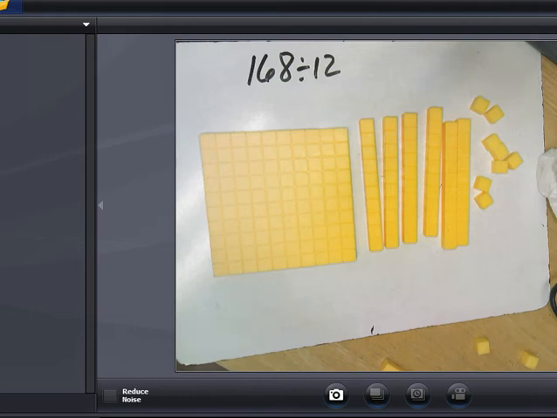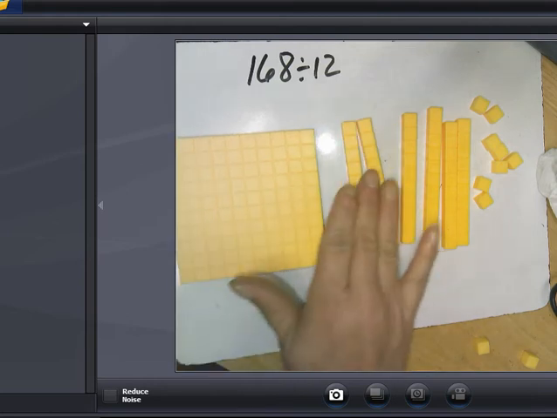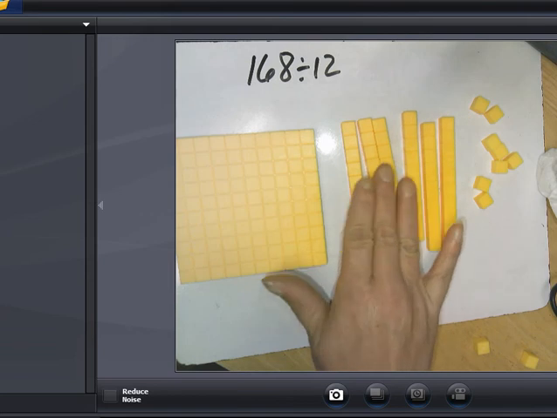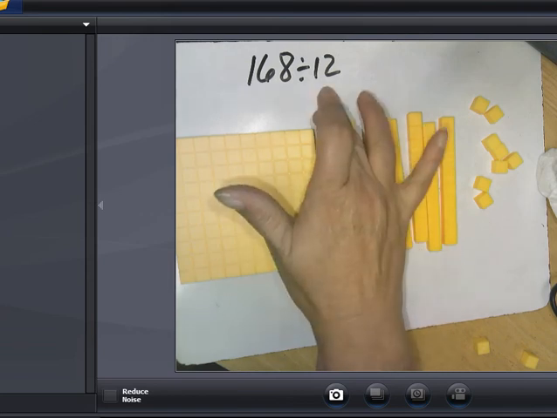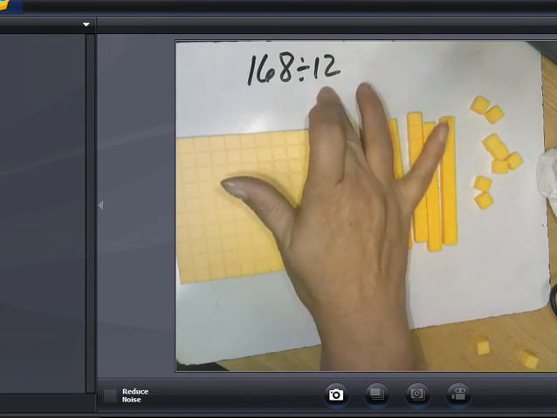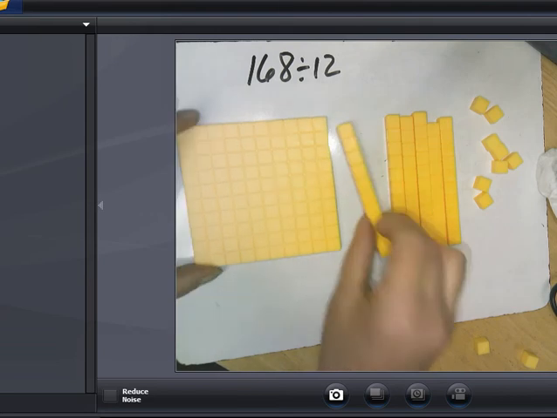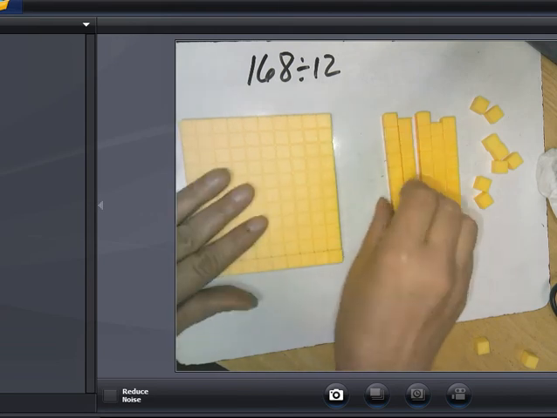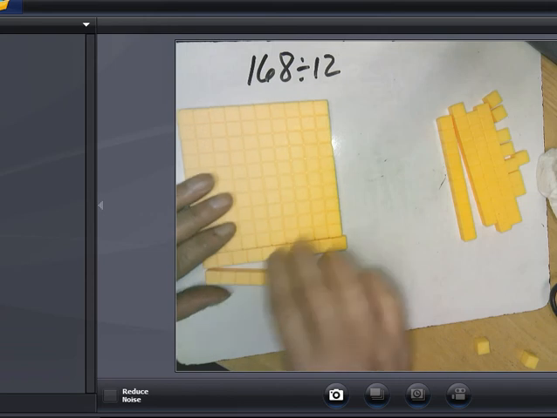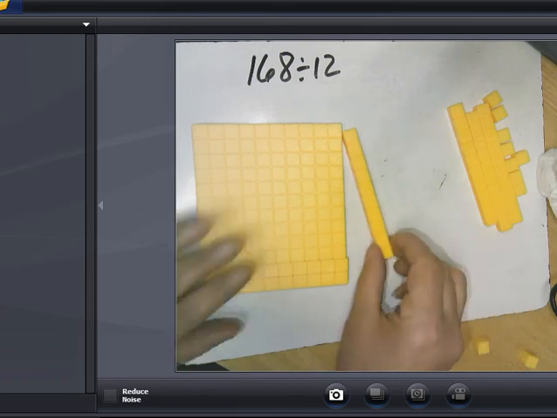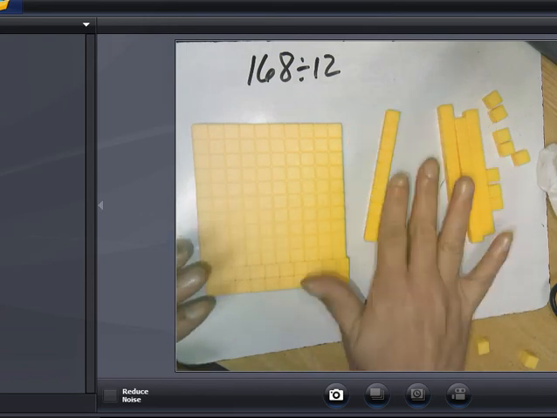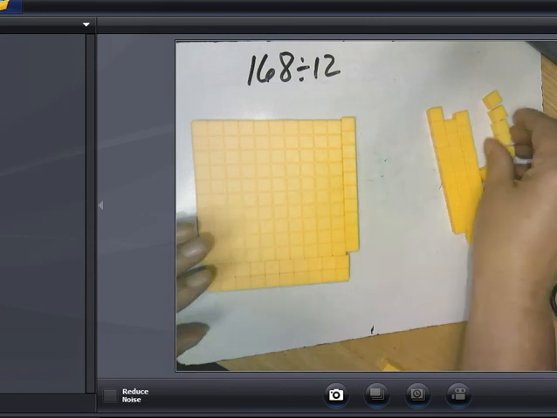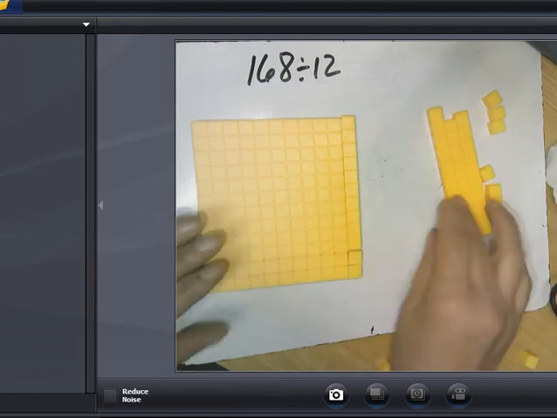Okay, I have my 168 out here because that's my dividend, and I have to make it into equal groups. My divisor tells me how many equal groups I'm going to need, so I'm going to make my 12. I have 12 in this group. Now I need to make another group, so this is my leftovers. I'm going to make another group and keep my rectangle.